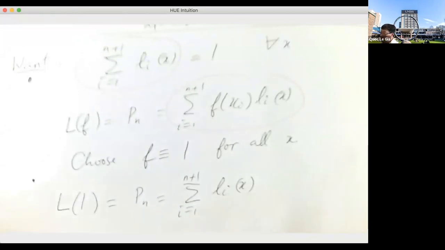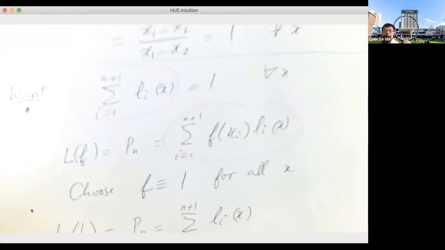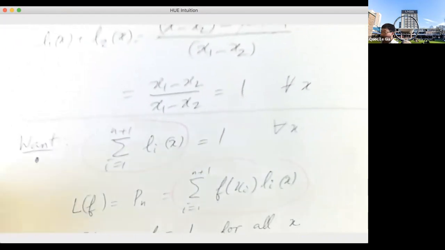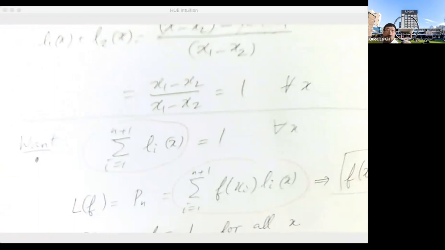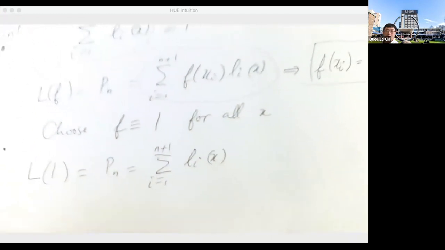Well, remember this formula? This one just implies that f of xi equals Pn at xi, because Pn is the interpolation polynomial, so it is identical at the interpolation points.